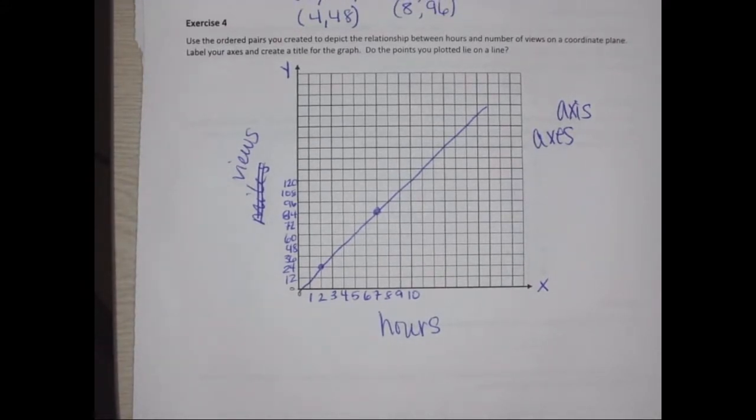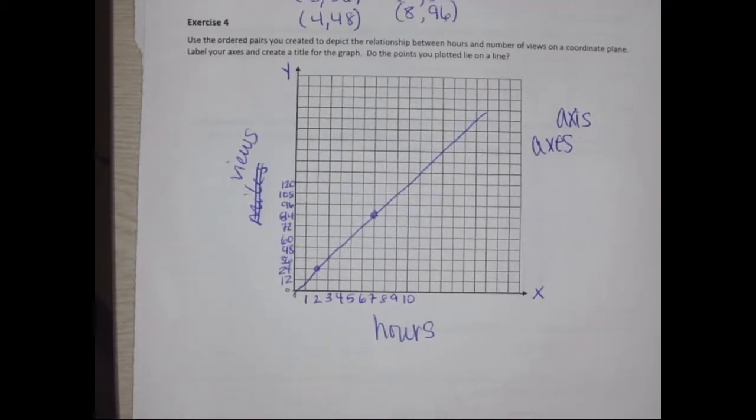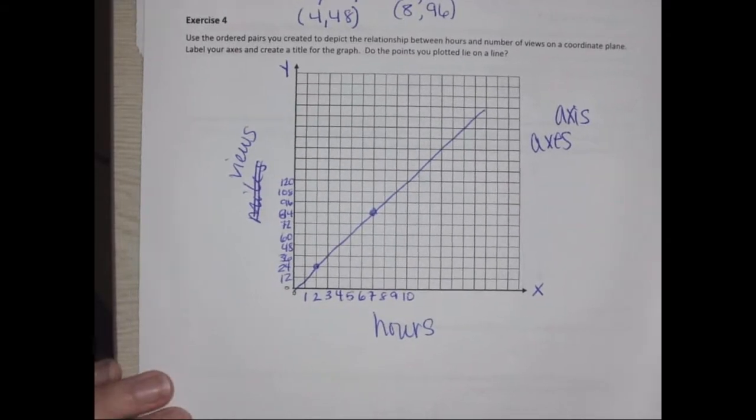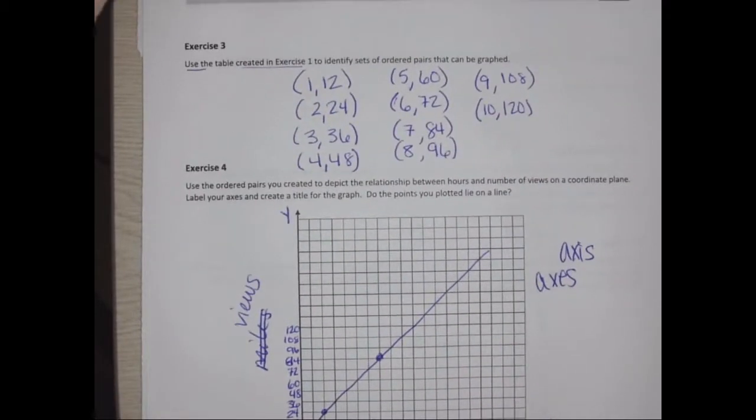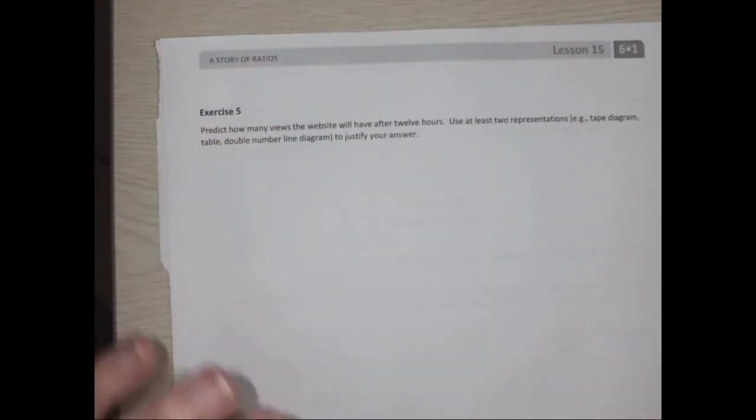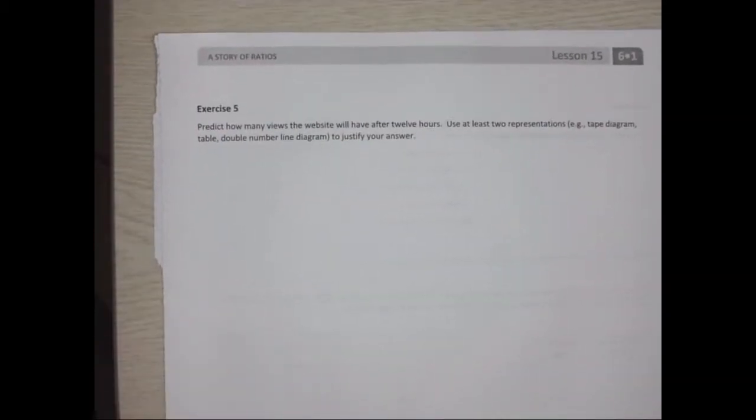Go ahead and plot your points, draw your line. And when you're done, look at exercise 5. You don't need it. You have the ordered pairs.